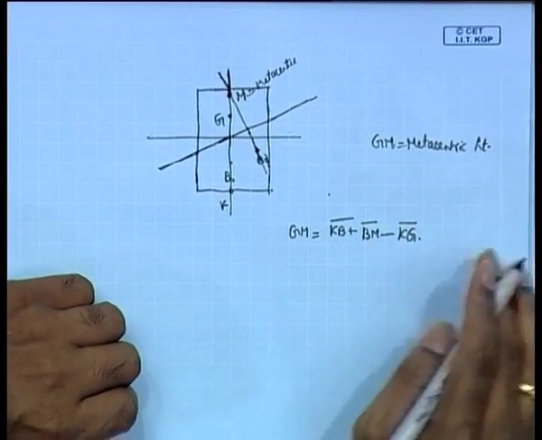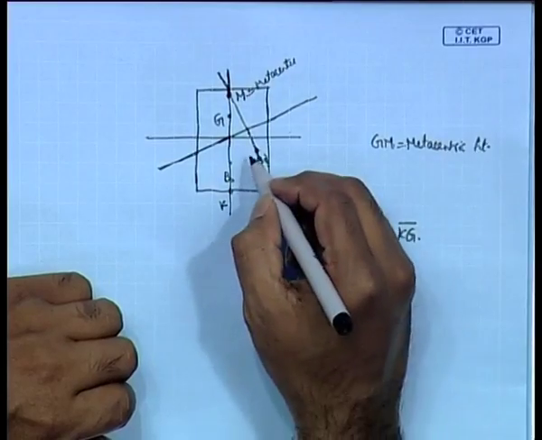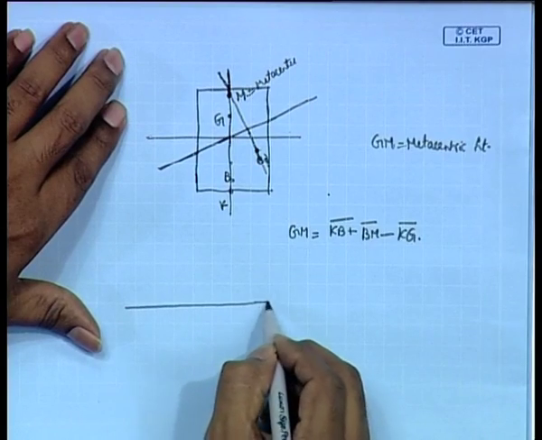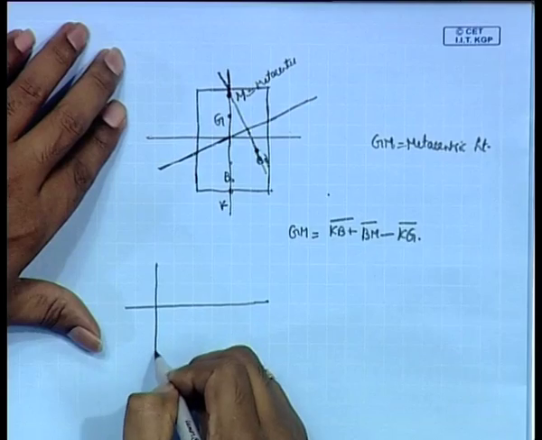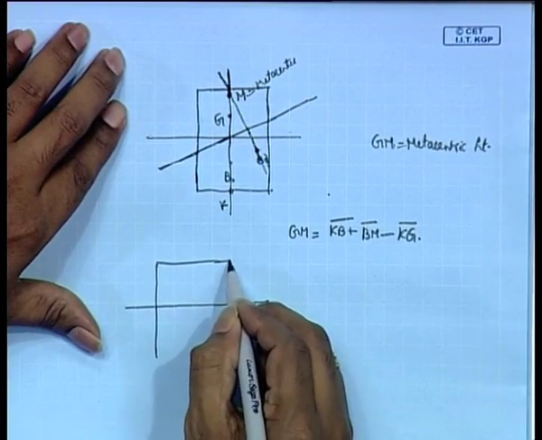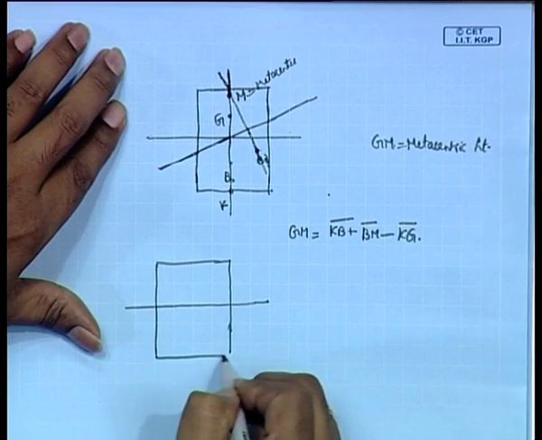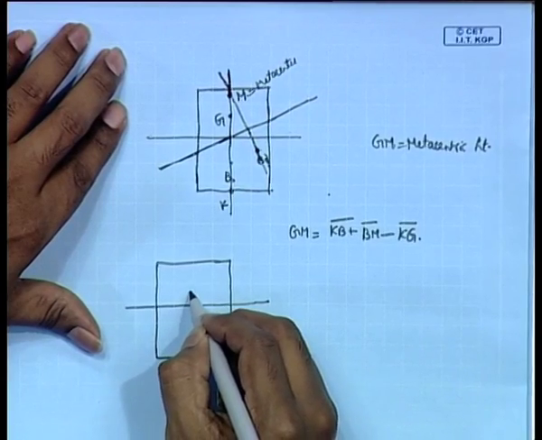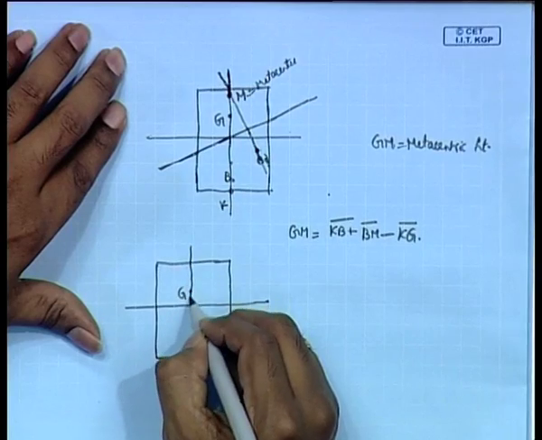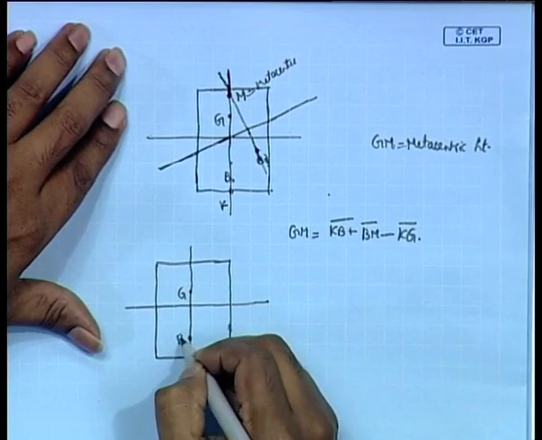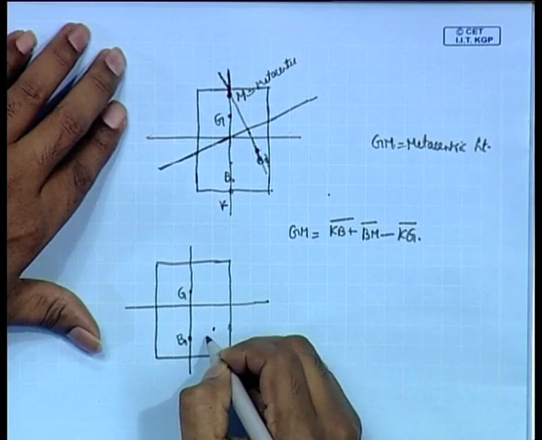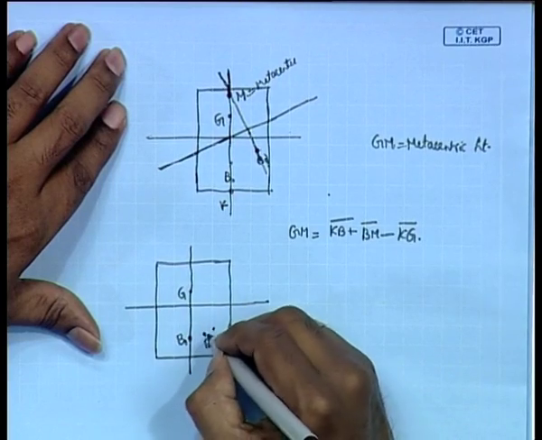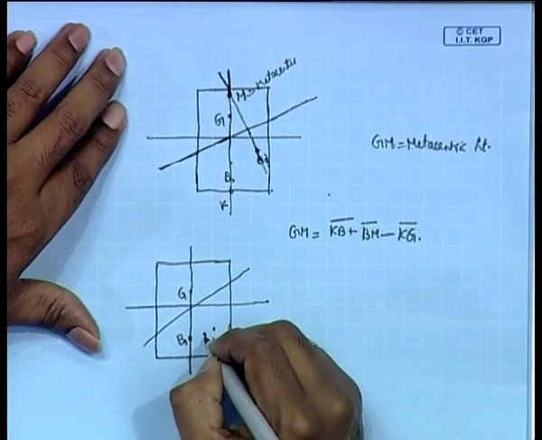And if this is M, another possibility exists: let us suppose the center of gravity has shifted here and this is the new water line.